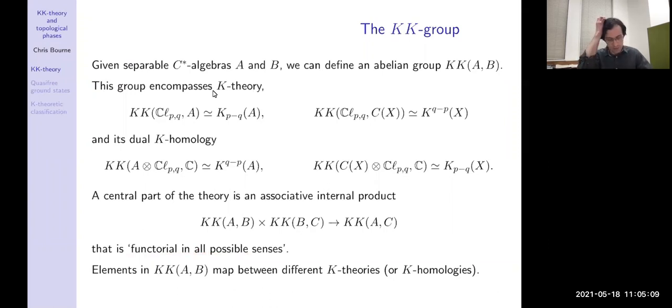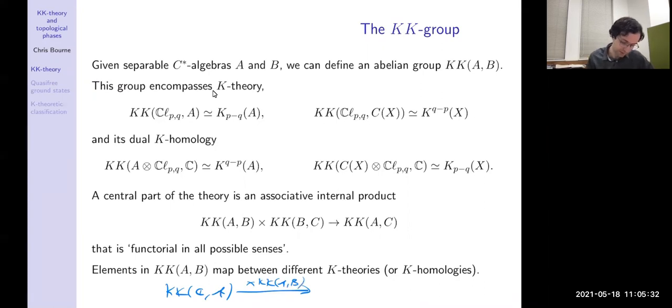And maybe one way to think about elements of these groups and how this product works is, for example, if I have something in the K theory of A, then I have something in KK(C,A). But if I also have something in KK(A,B), then I can use this product structure.